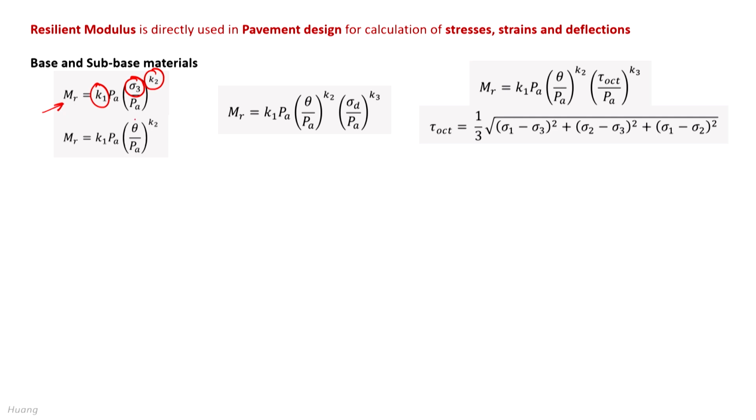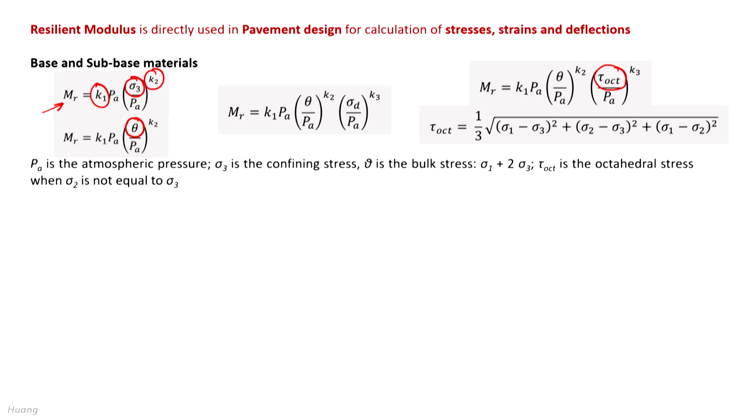Similarly, resilient modulus has also been related to the bulk stress in the material, not only the lateral stress. There are models which also consider octahedral stresses for modeling the resilient modulus of granular materials.